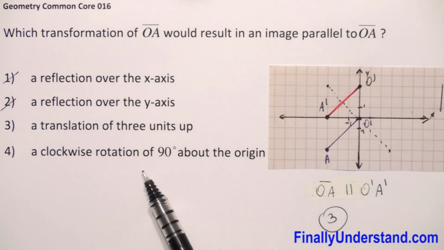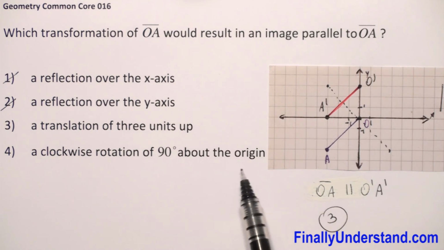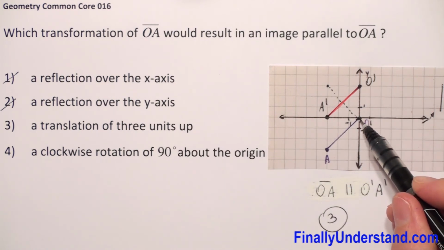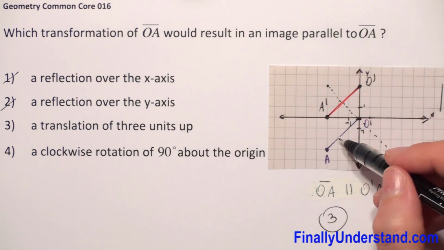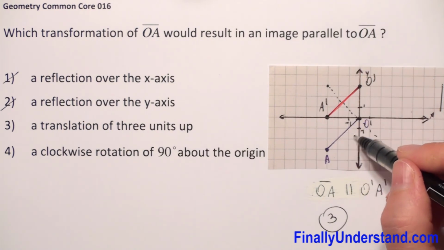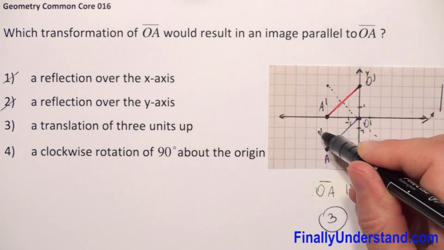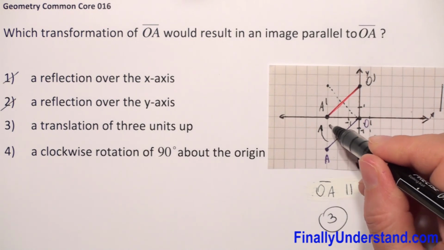In the last statement we have a clockwise rotation of 90 degrees about the origin. Because we have rotation about the origin, the point O will stay in the same place, and we will have a clockwise rotation, so we will go in this direction up, 90 degrees.